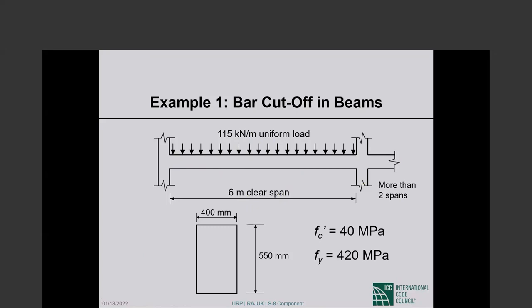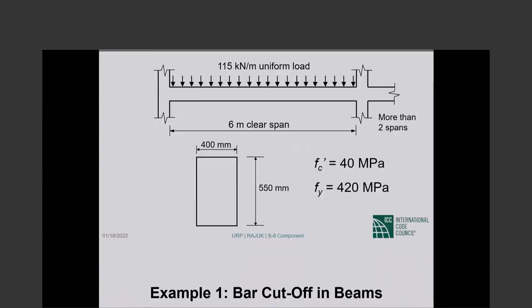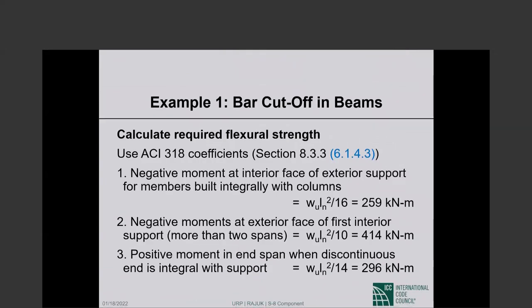400 by 550 is the section dimension. Concrete strength 40 MPa, and the steel strength is 420 MPa. We are going to use the ACI moment and shear coefficients given in section 8.3.3.